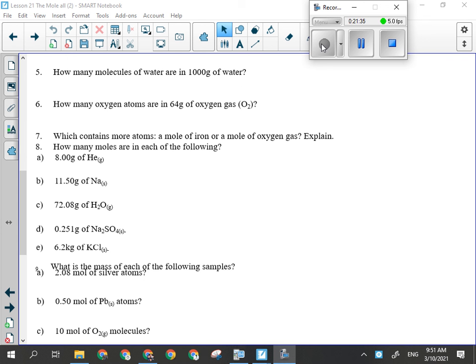Now, in a mole of anything, there are 6.02 times 10 to the 23 particles. The difference is that iron exists as an element as a single atom. How does oxygen exist as an element?